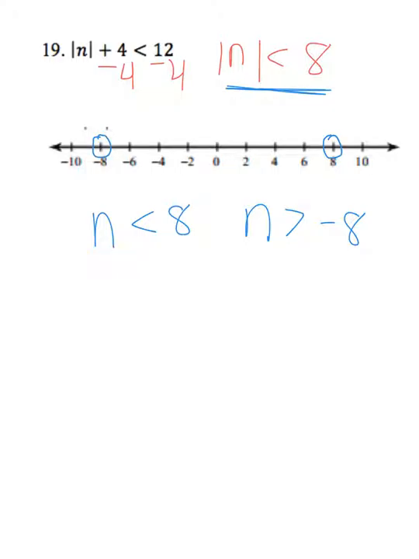If I look down here at this one, I know that I'm going to have to shade from 8 over here to the left. And then I'm looking at n is greater than negative 8 over here, and that's pointing to the right. And I also know n values that are greater than negative 8 are going to be to the right of negative 8, so I'll shade this way. And there's your final solution.